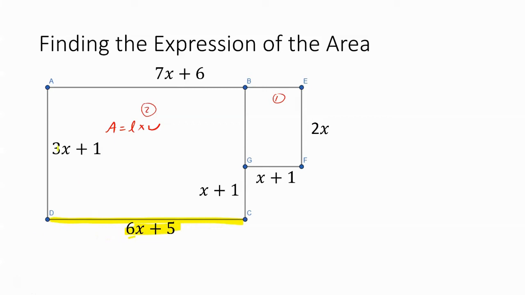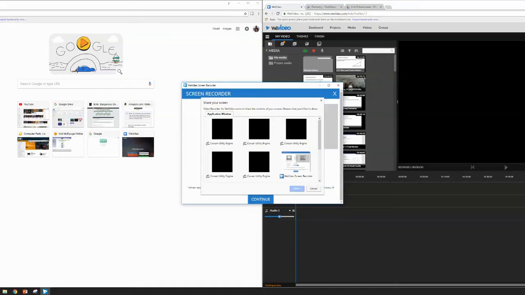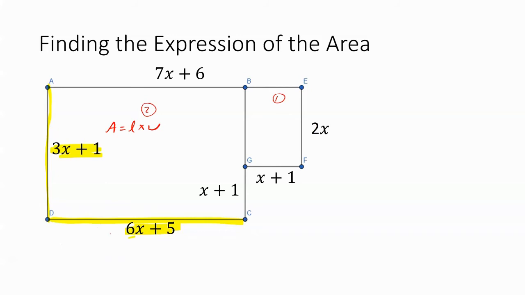The length can be represented by AD, which is 3x plus 1. So that will be our length and width that I'm going to use to find our area. So area equals length times width, which is 3x plus 1, times our width, which is 6x plus 5.